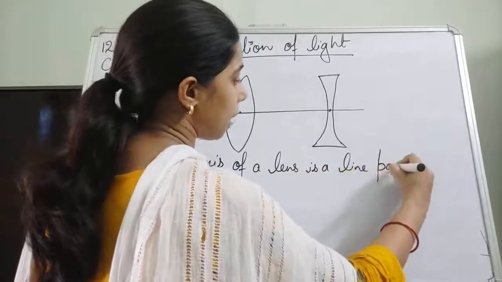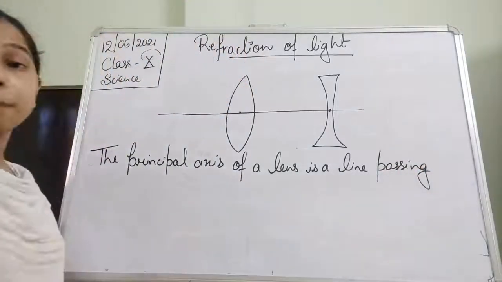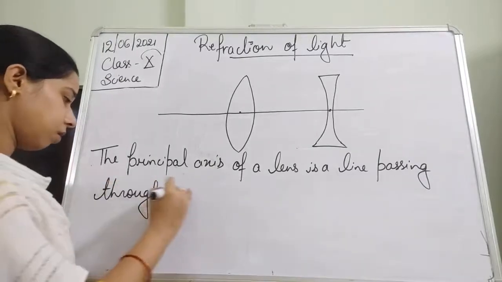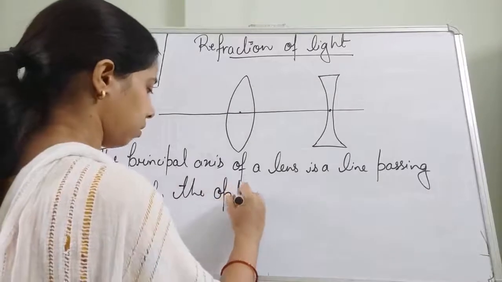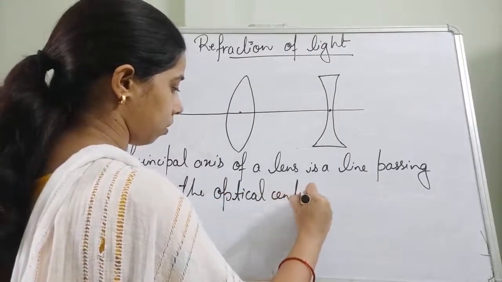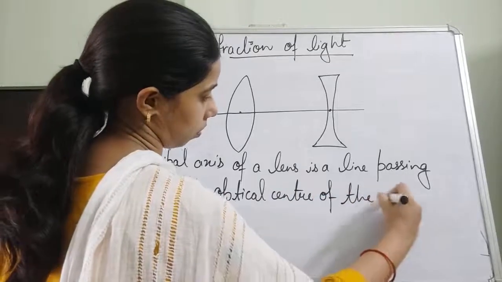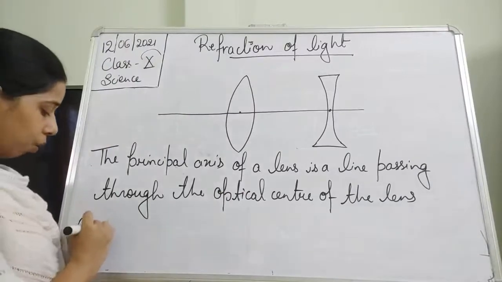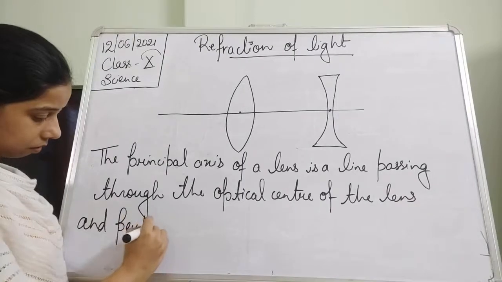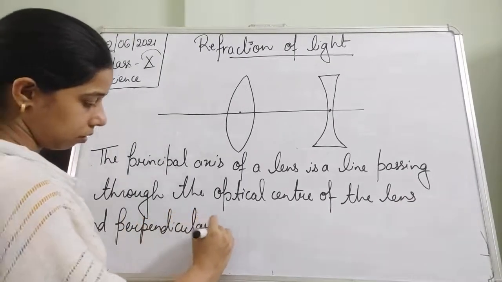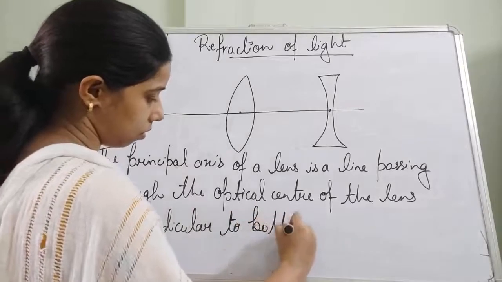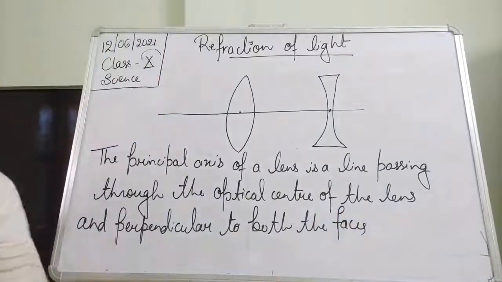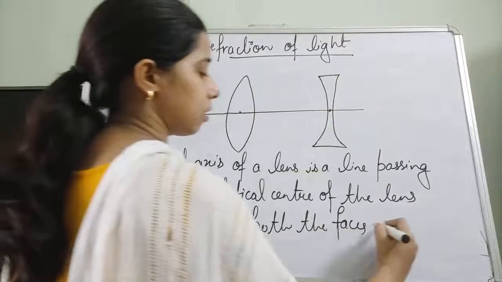The principal axis of a lens is a line passing through the optical center of the lens and perpendicular to both the faces of the lens.